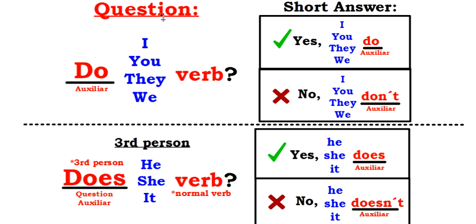Okay, remember, for the question, we use the auxiliary do or does to start the question. Then the subject, then the verb. Very good.